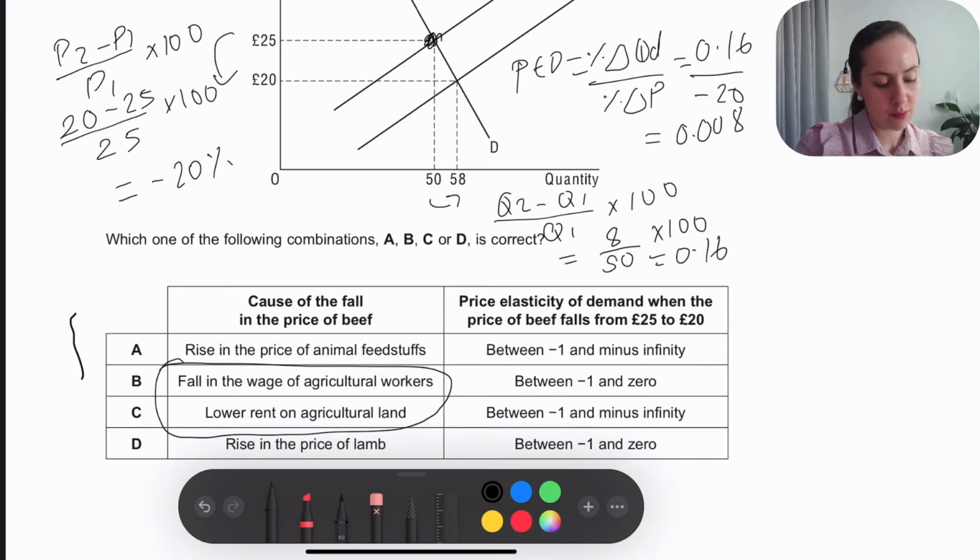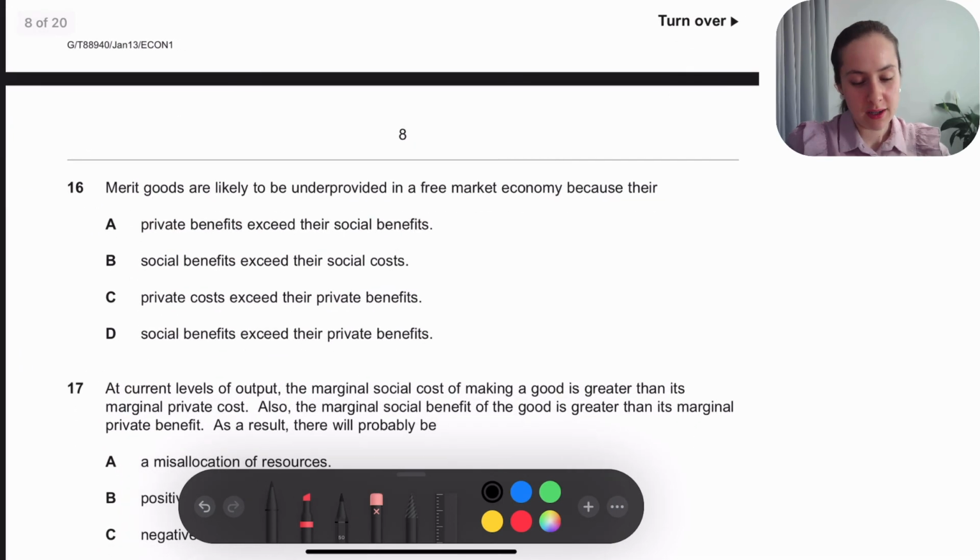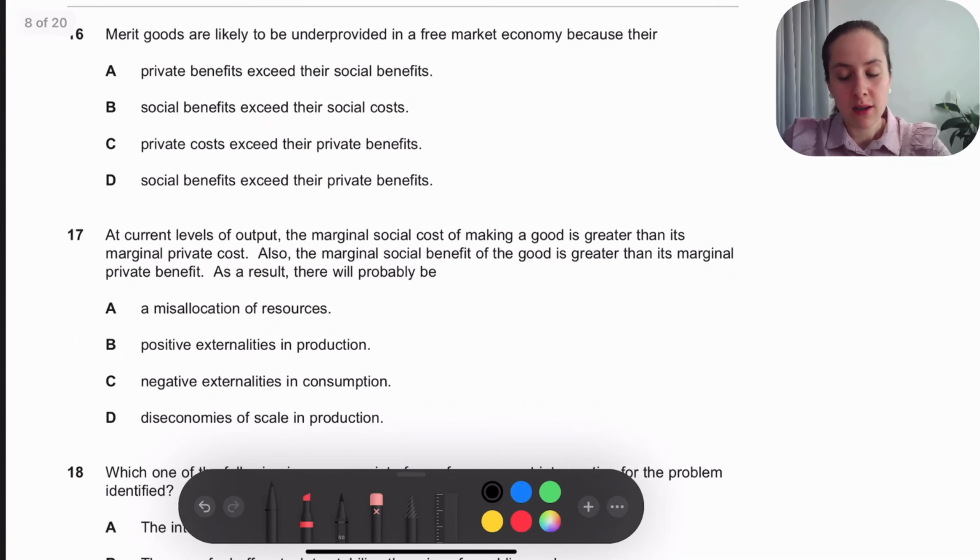Gives me 0.008. I didn't times the other one by 100. Should times that one by 100 and then I get 16. Got to times that by 100. So I'm looking for something that has a PED that's a 0 point something. So B is the answer. It is negative. The demand curve always has a negative YED.